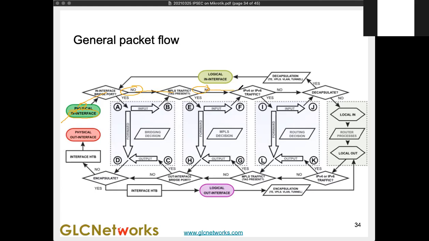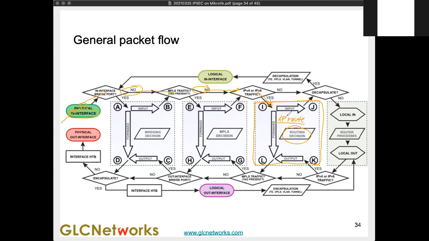No, it's not. Is it IPv4 or IPv6 traffic? Yes. Then we enter the routing decision box, which means we are reading the routing tables, /ip route. That is done in this phase.